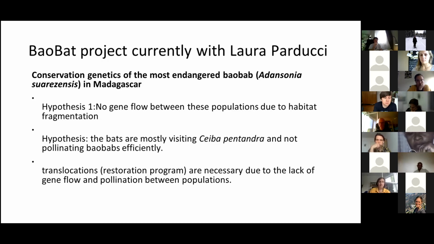So we hypothesize that there is no gene flow within this population due to habitat fragmentation, and maybe also competition with other plants affecting gene flow. We would like to use all of this scientific data to suggest to the manager organizations who work on restoration programs.